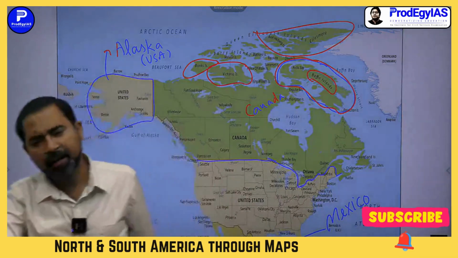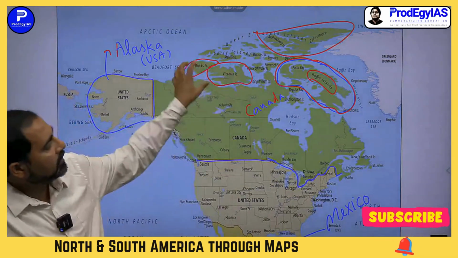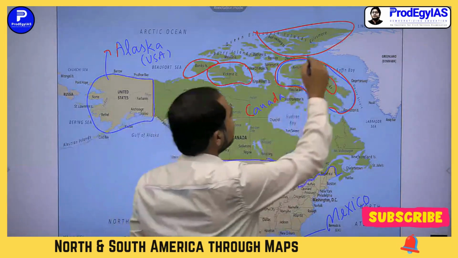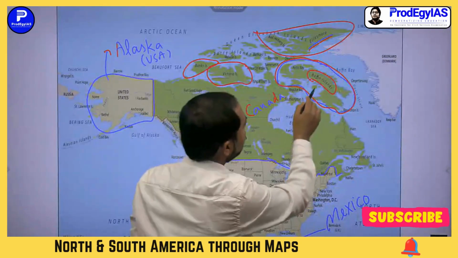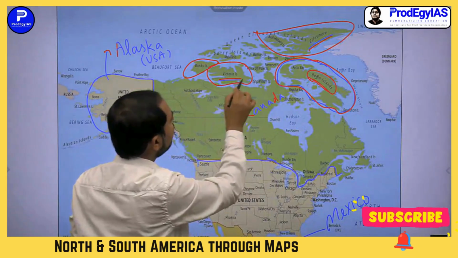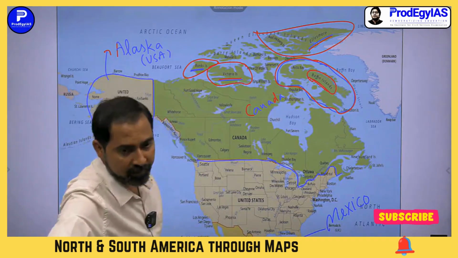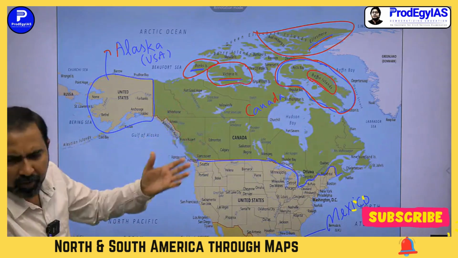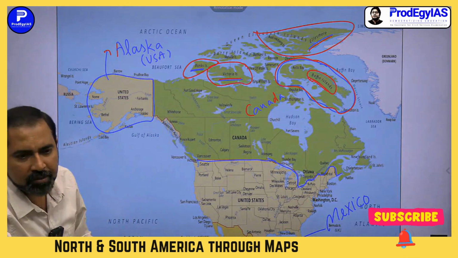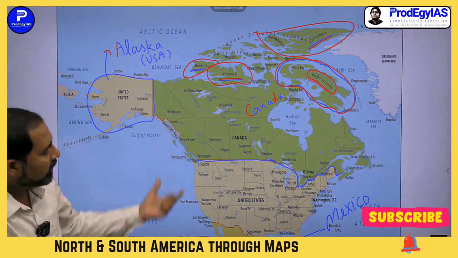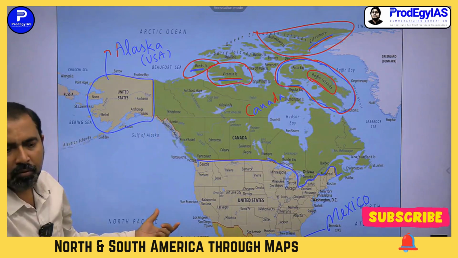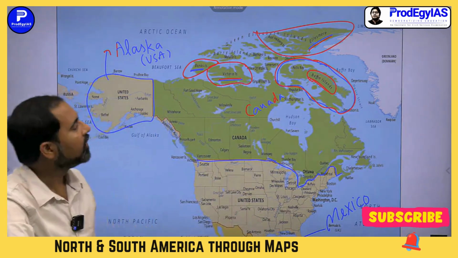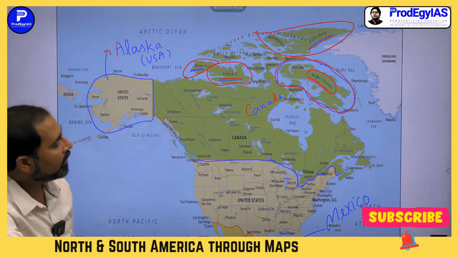Not every single island is important. You have to memorize just these 4 islands. They can be asked in matching type of questions. Here they will be giving you the islands, and here countries, match them, right? So they belong to Canada.